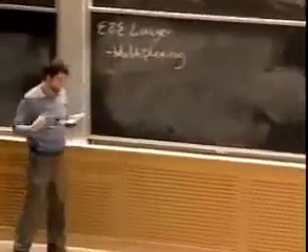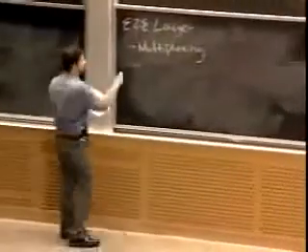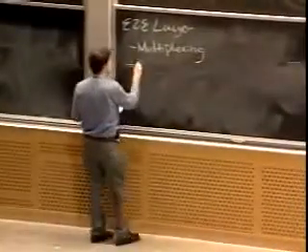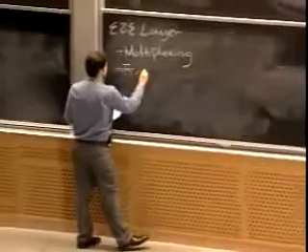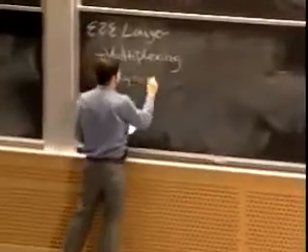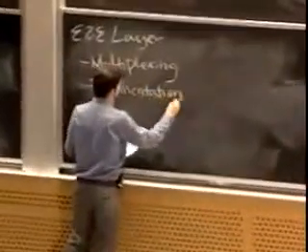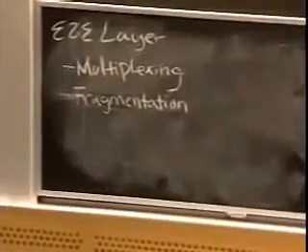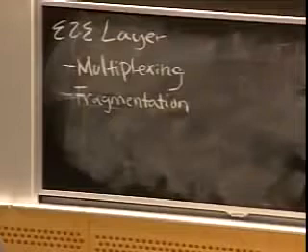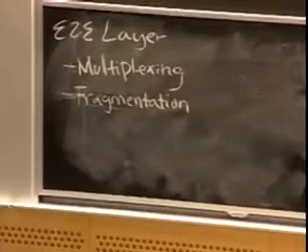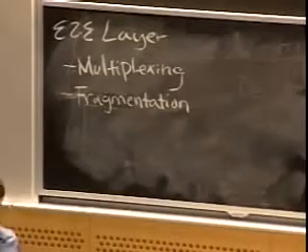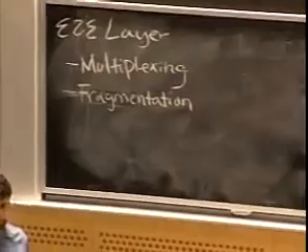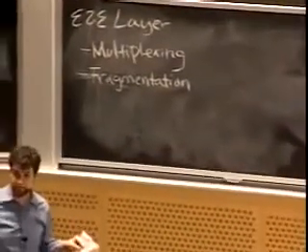The other thing the end-to-end layer provides for us is fragmentation of messages. Fragmentation is really about the fact that the link itself may have some maximum size message that it can physically transmit, because, for example, the maximum size message is how long the sender and receiver can remain synchronized with each other.